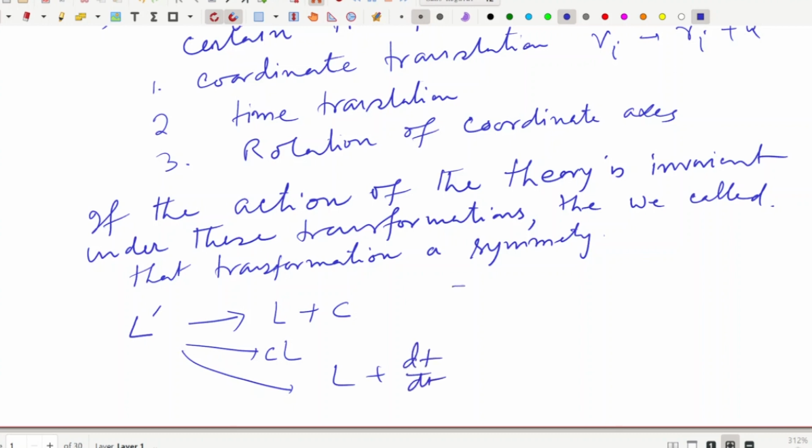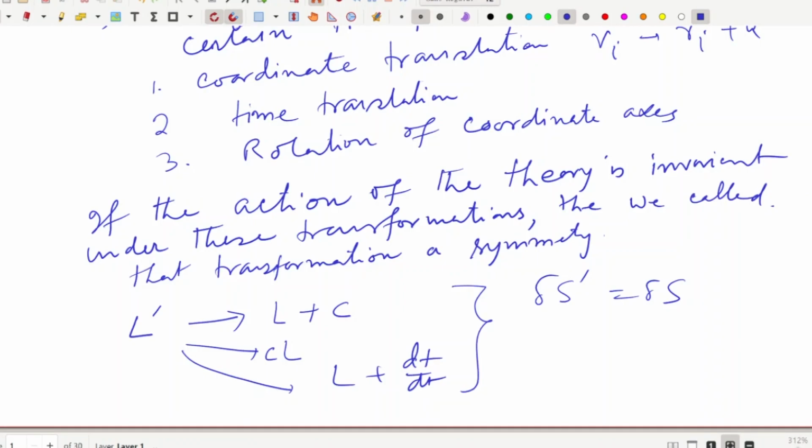In all these three cases you will find that your action will be the same, or delta S will be delta S prime. If under a certain transformation this holds, then we will call that transformation a symmetry of the theory.